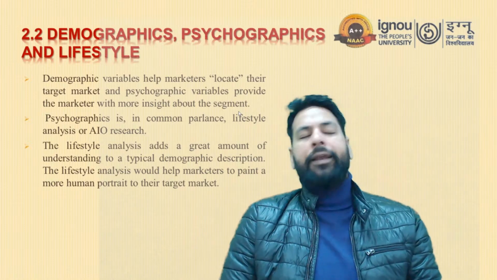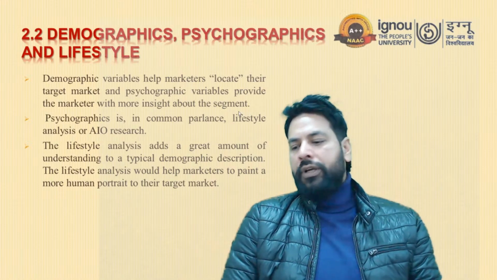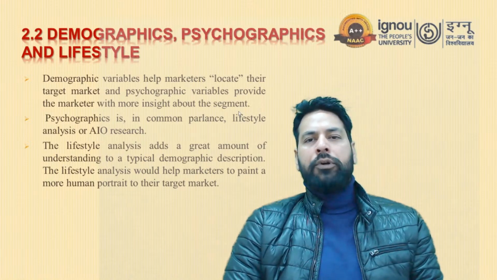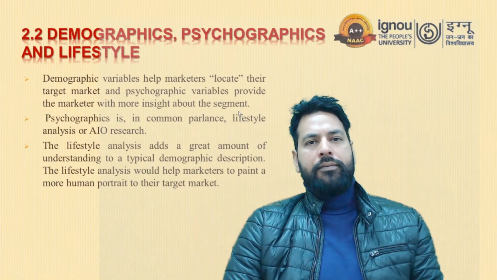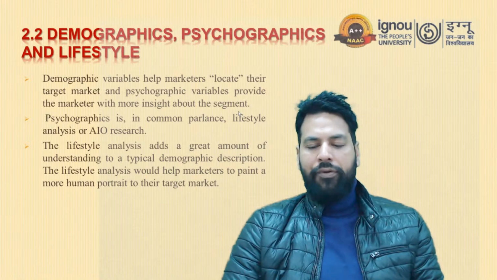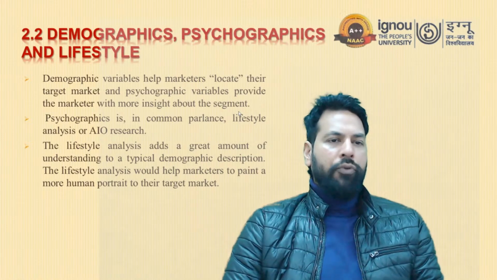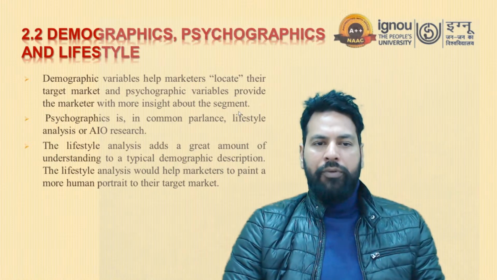If you start selling life insurance to youngsters, let's say who are still in college, I'm not sure how many would take that. But if you target life insurance to somebody who has a family and is 40, 45 plus, he would be very, very much interested.